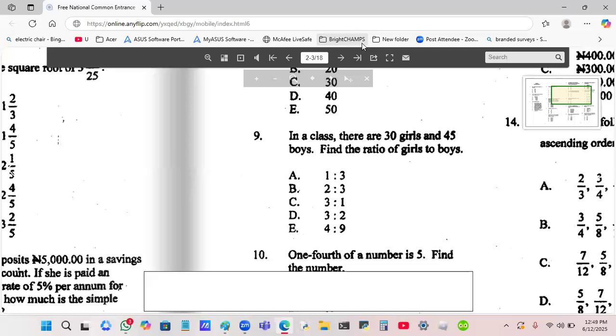If we reduce it again, it will be 1 ratio 1. So therefore, the answer, drum roll, please, B.